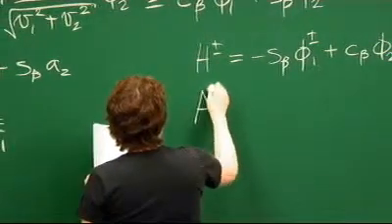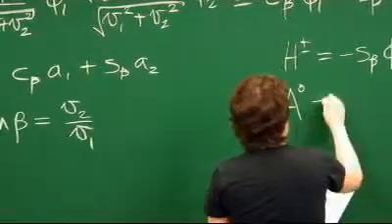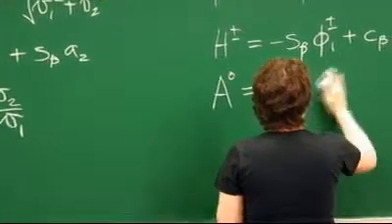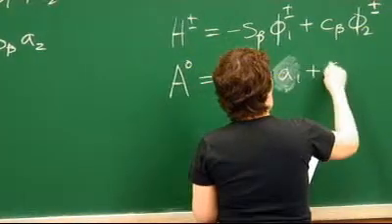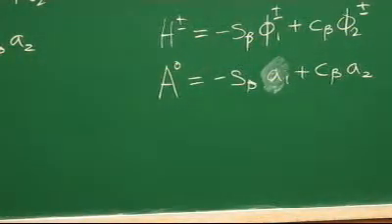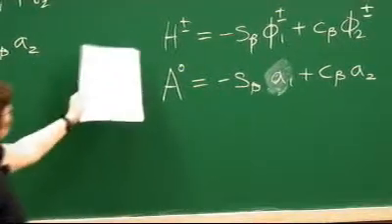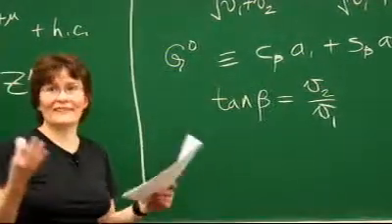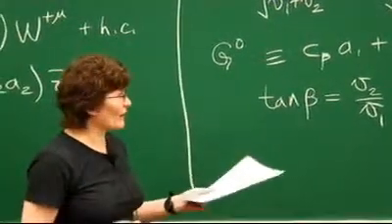And then the thing orthogonal to the neutral Goldstone is going to just look like the following. A. Okay, so far so good, right? The charged Higgs in a two Higgs doublet model is always a mass eigenstate because there's no other physical charge 1 scalar that it can mix with. So it's always a mass eigenstate.